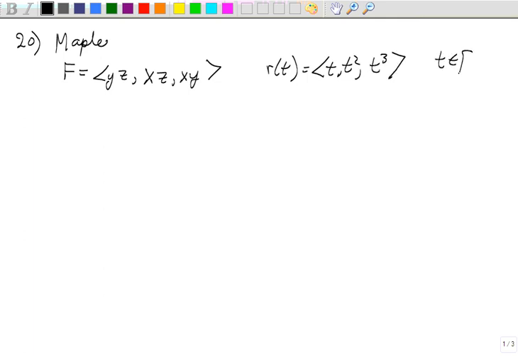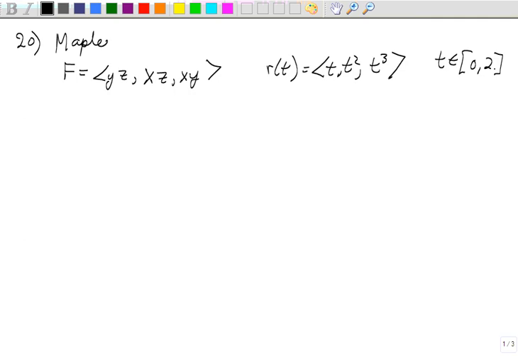T is in [0, 2]. Okay. So, no, I don't need Maple on this one.